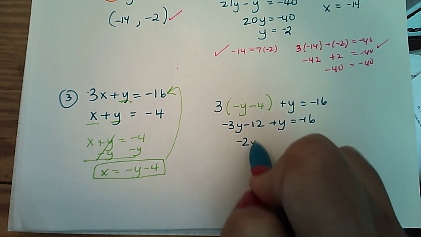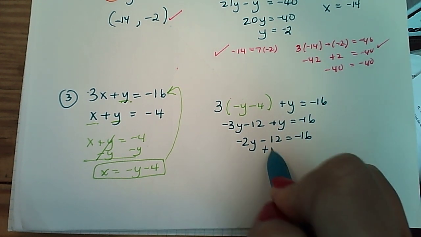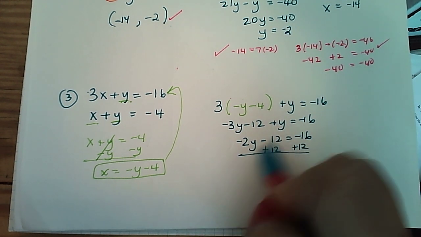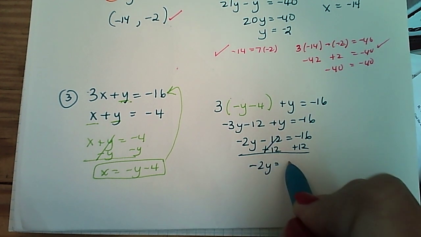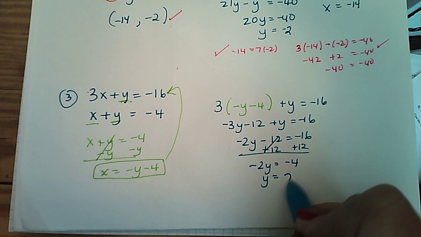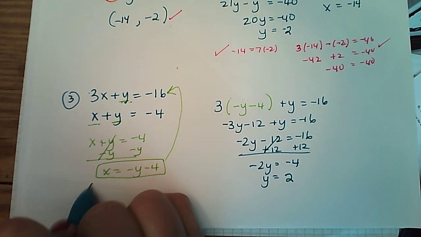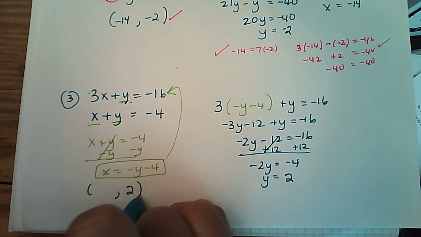Combine my like terms. Add my 12 to both sides. Divide by negative 2. My y is 2. Not hard, just long. Sometimes in math we have long. So my y is 2.